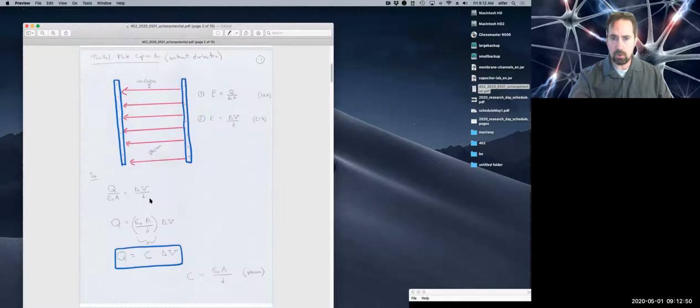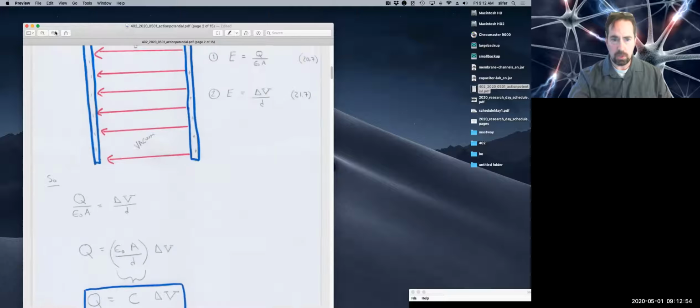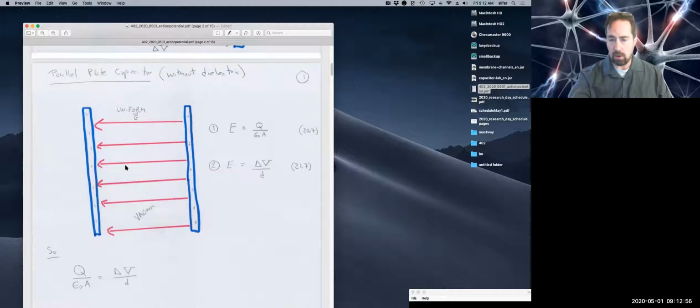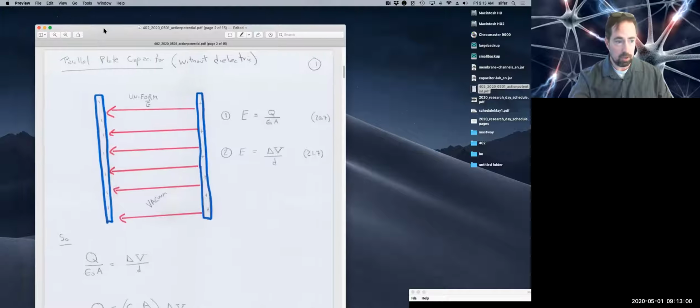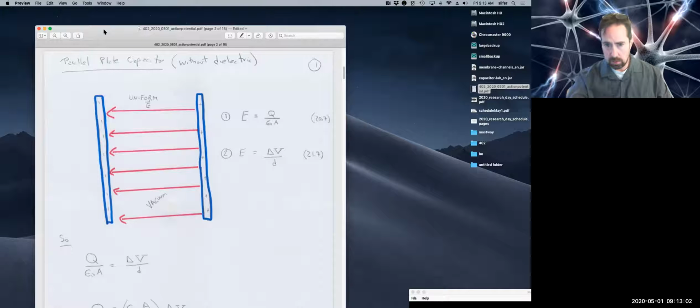Let me go back to our simplest situation. We have a parallel plate capacitor with no dielectric, nothing in it but vacuum, and it has a uniform electric field pointing from positive to negative.